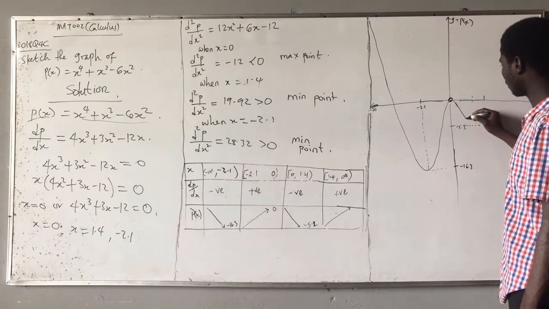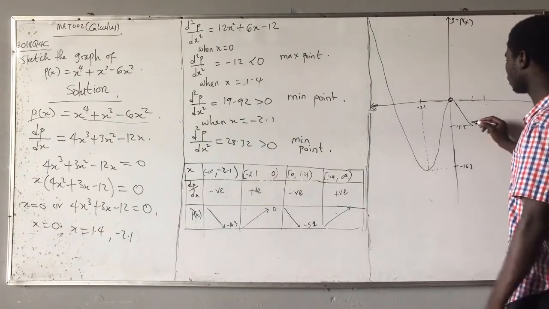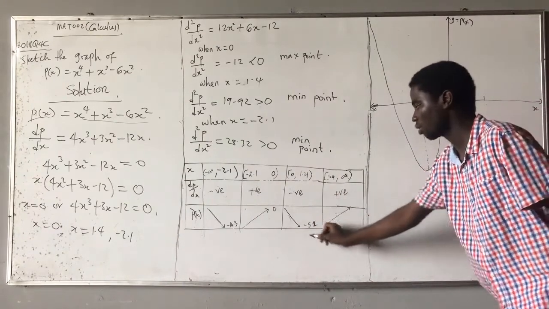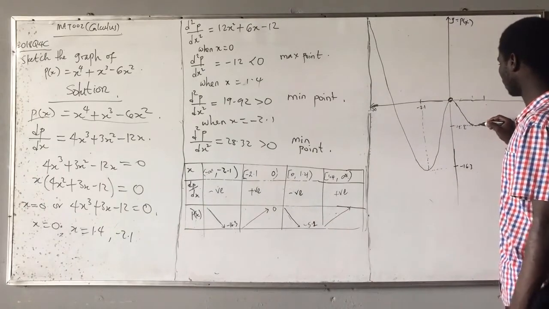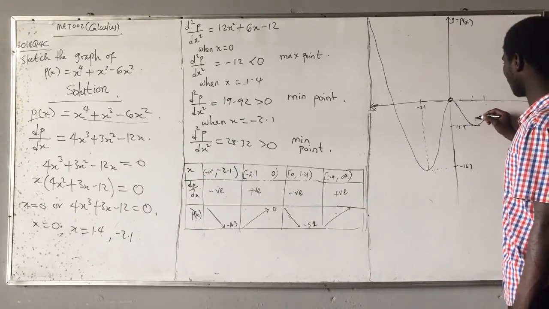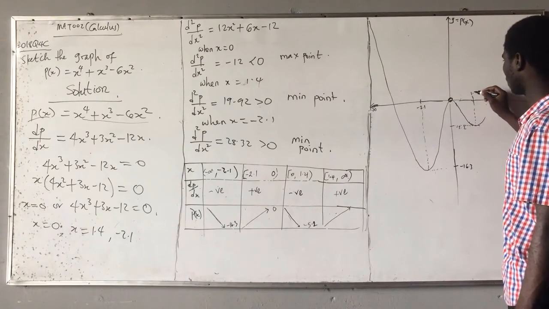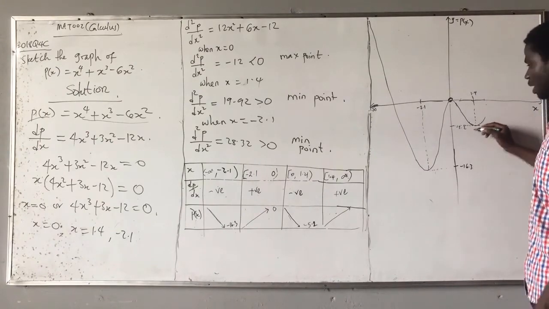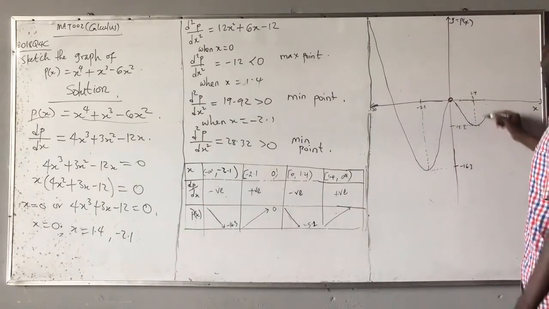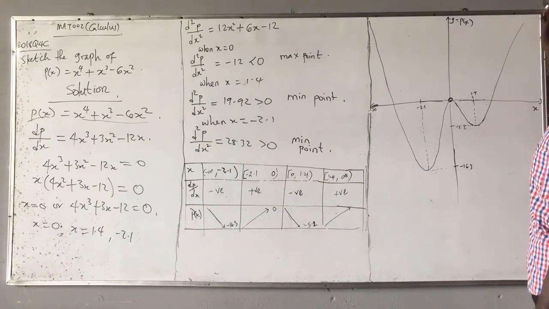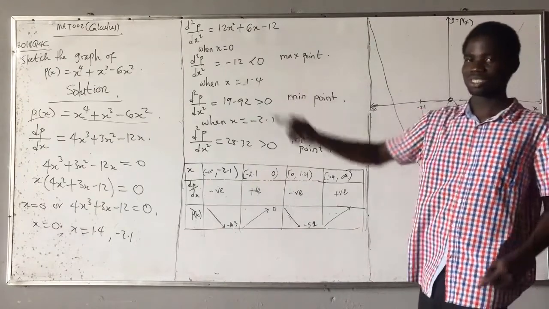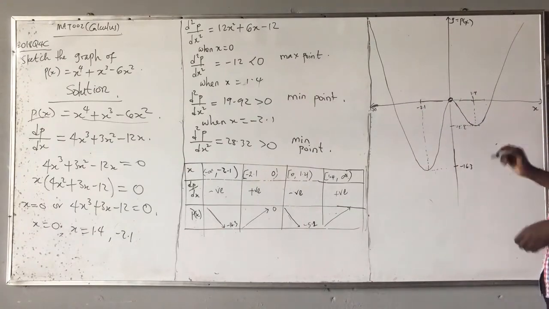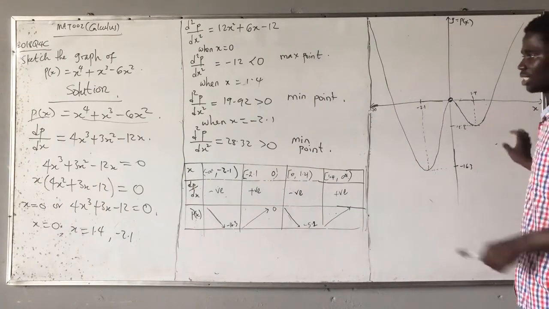It will come down till it gets to minus 5.2, then it will go up again. So this place that is going up, this place is 1.4. Do you understand? So that's how it will be. Then it goes up forever. So this is the diagram. This is how to sketch that function.